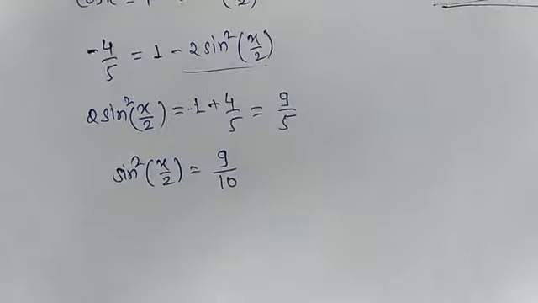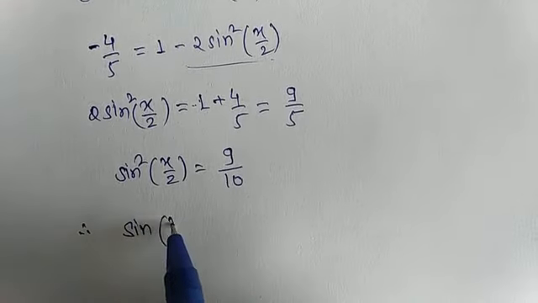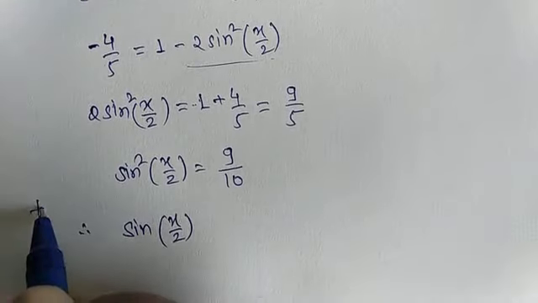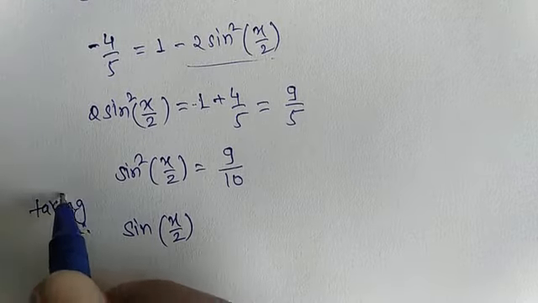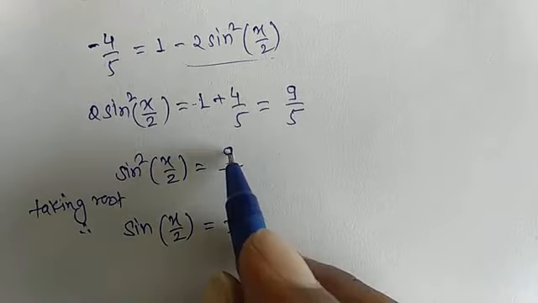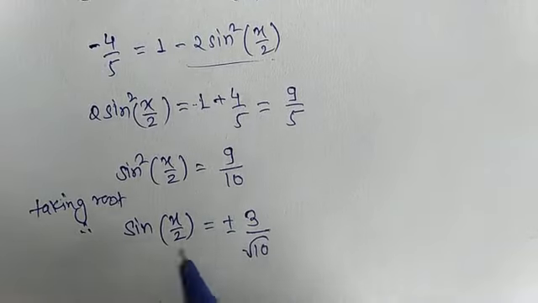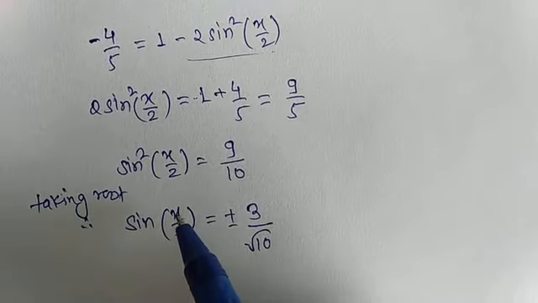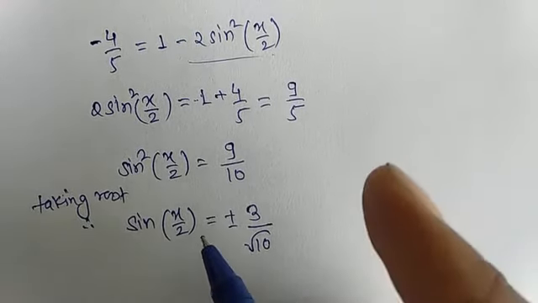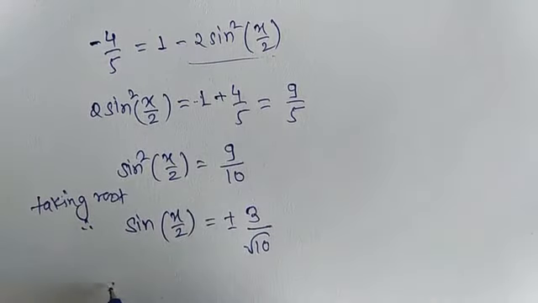Taking root, sine of x by 2 gives plus minus 3 upon root 10. Root of 9 is 3 and square root of 10 is root 10. Now we see that x by 2 lies in the second quadrant, and in that sine is positive, so we have to take the positive value.